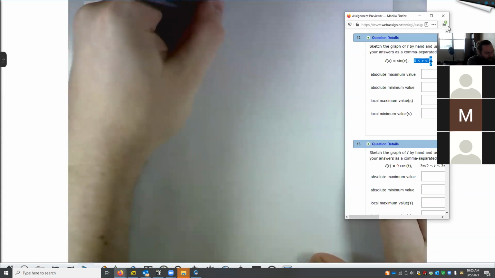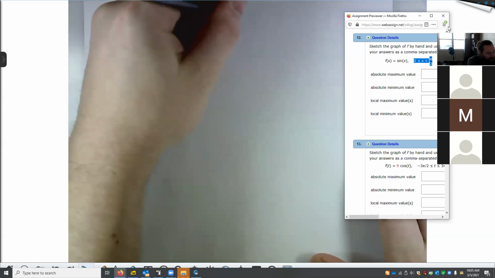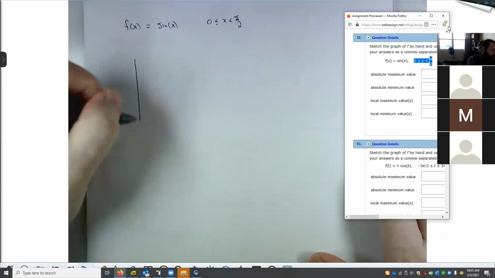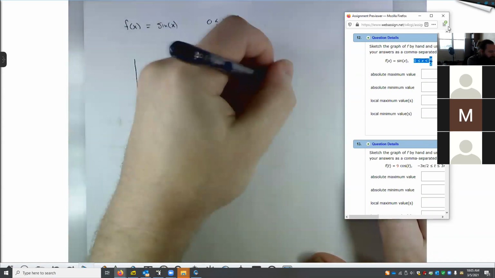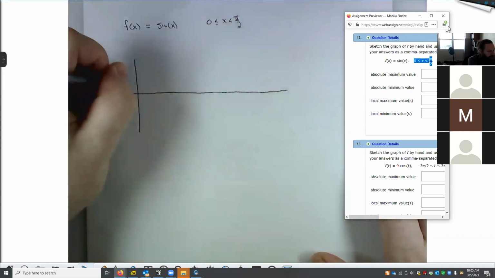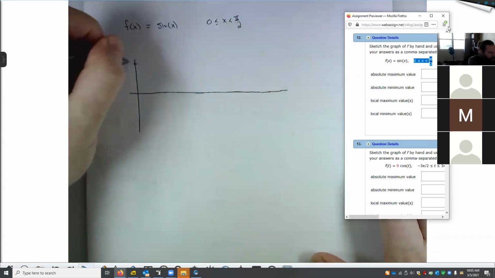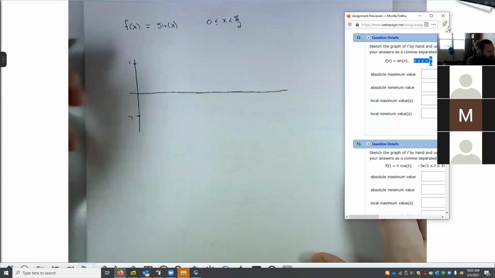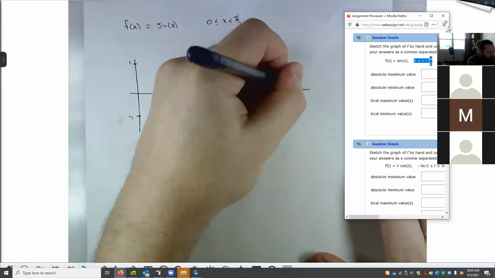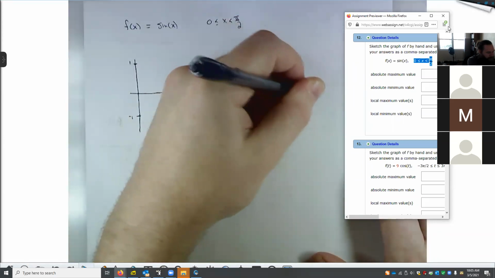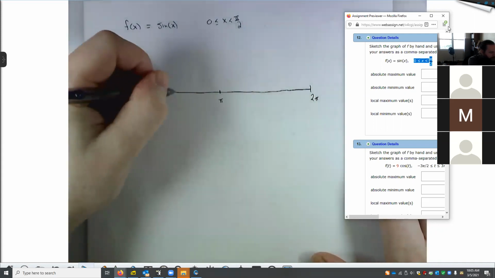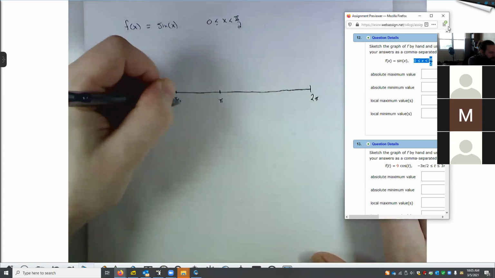So just for fun, since we're here, let's go ahead and finish it. I'm going to draw the full sine function. I'll mark this as 1, this as -1, and this as 2 pi. So here would be pi, and right over here would be pi over 2.